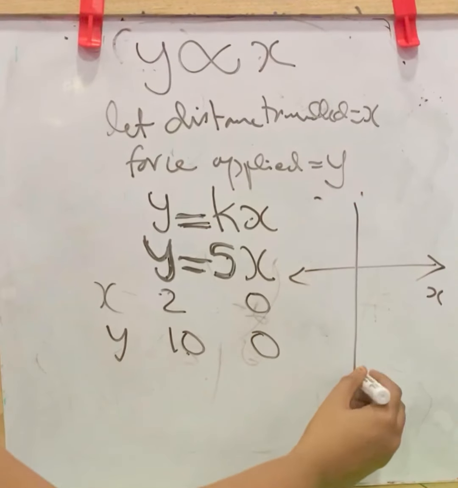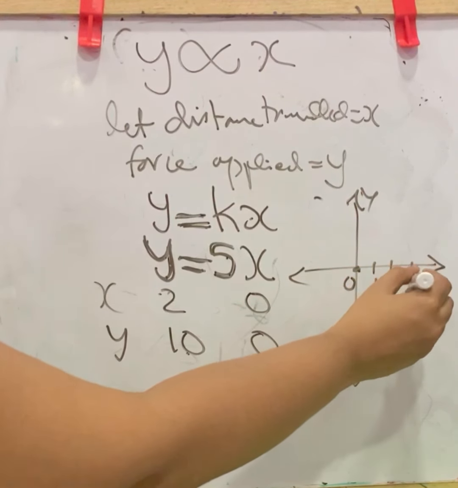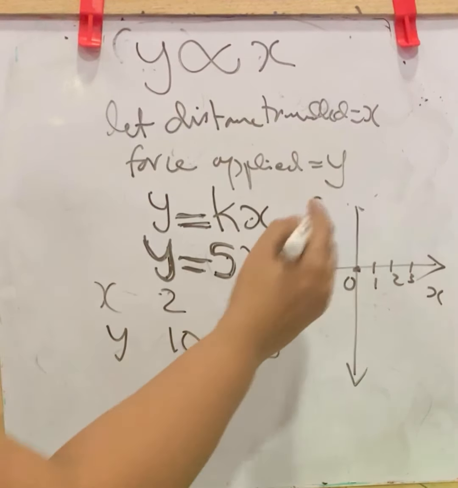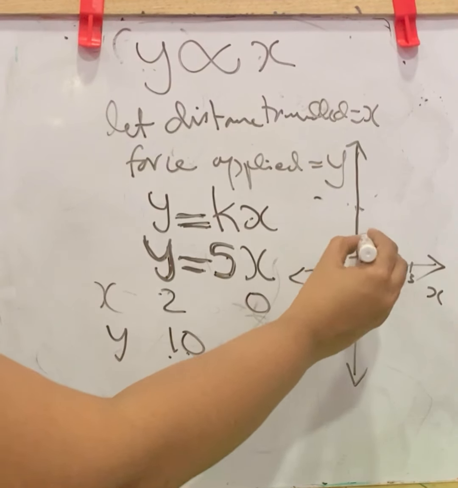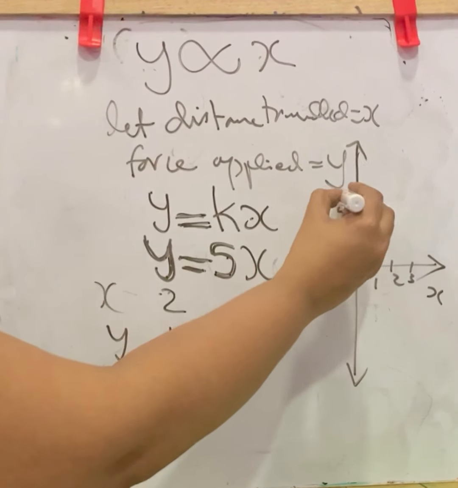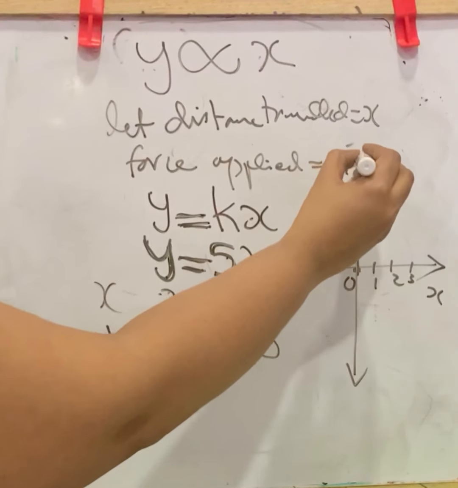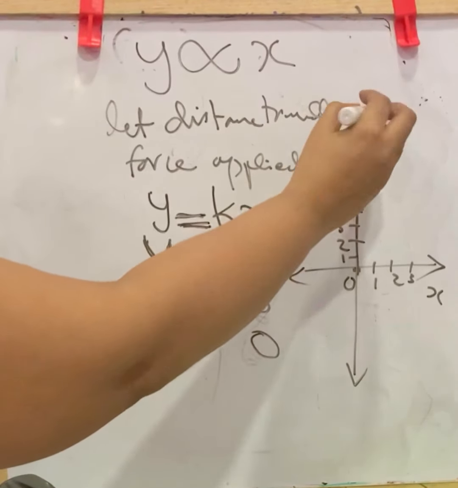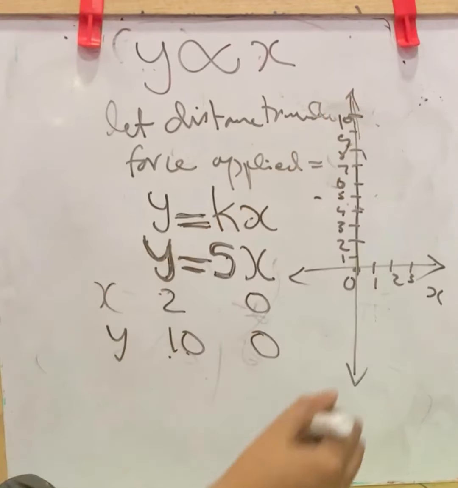X is the y, 0, 1, 2, 3, I need till 10, so 1, 2, 3, 4, 5, 6, 7, 8, 9, 10.